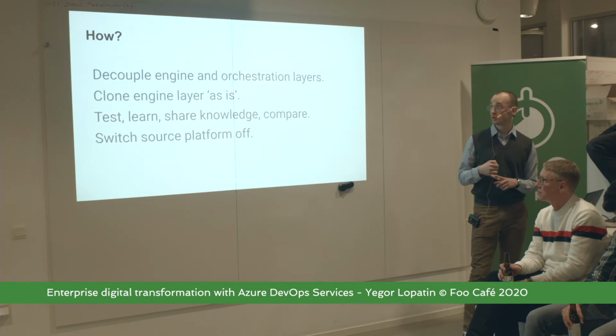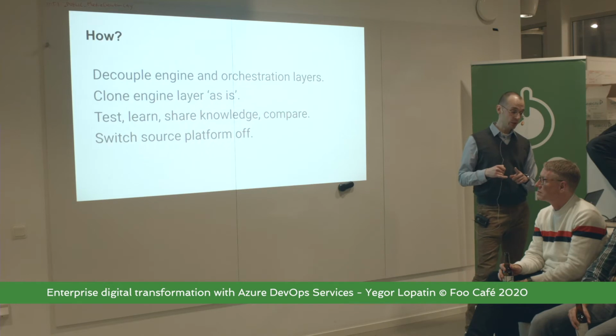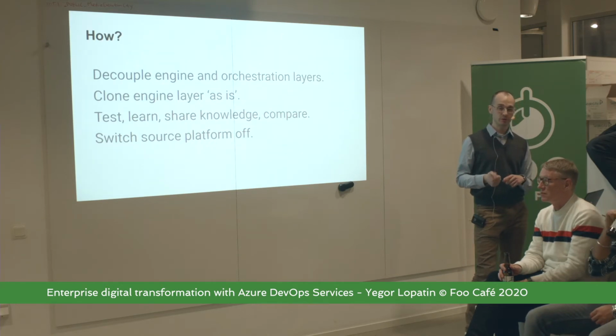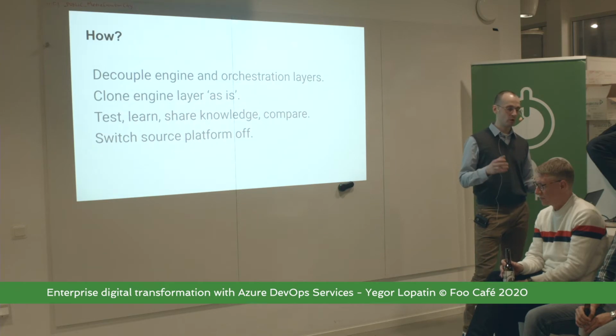So the first step that was done, usually we updated the current flow on the current source tool. We prepared all environment variables, all dependencies, packages, and rewrote the scripts so that the current logic, the current flow, could be triggered even from a local computer or without this orchestration layer.